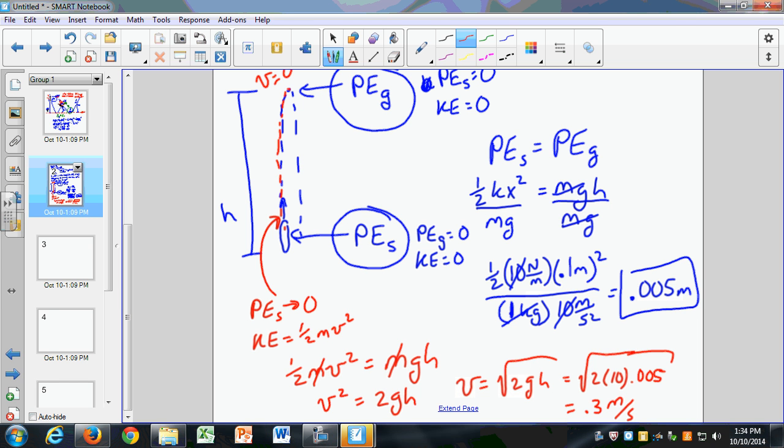So there are 3 scenarios here. It's sort of hard to see it, but right here, just before you let it go, it has elastic potential energy. Immediately after you let it go, when it's right here, it has no elastic potential energy, but it has all kinetic energy. And that kinetic energy cannot be equal to the spring potential energy at the same time.